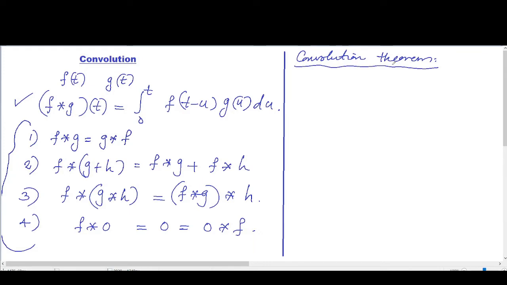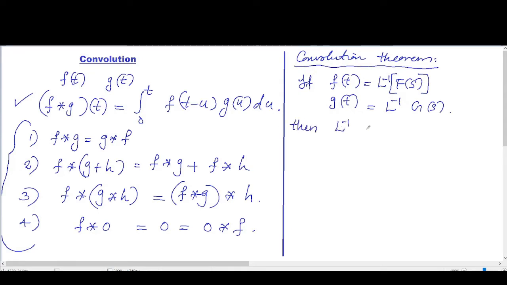This convolution theorem says, if f(t) = L inverse of F(s) and g(t) = L inverse of G(s), then L inverse of F(s) G(s) is equal to (f * g)(t).